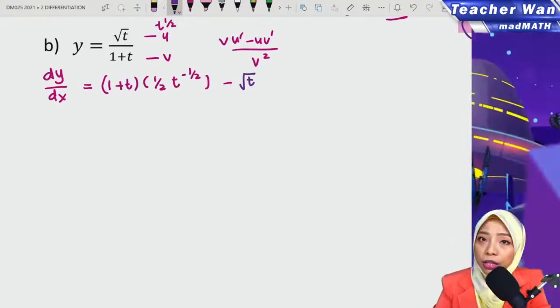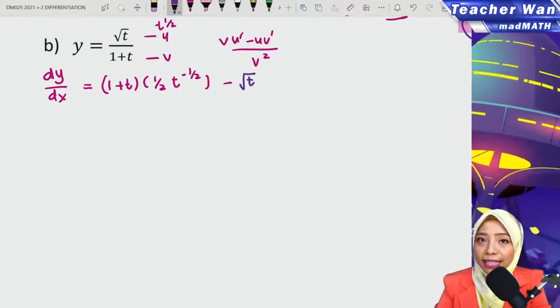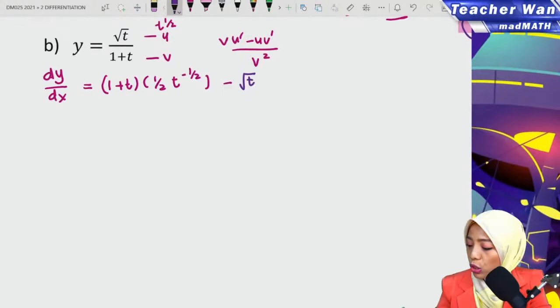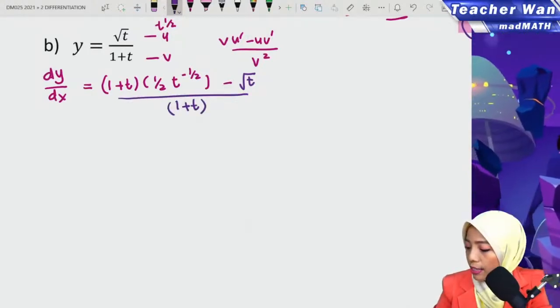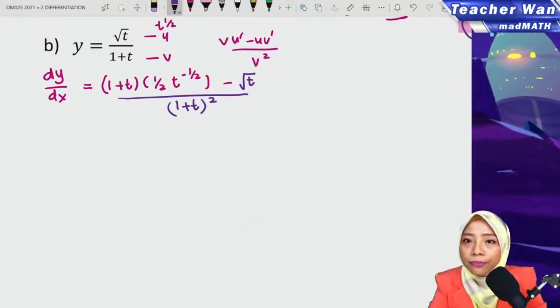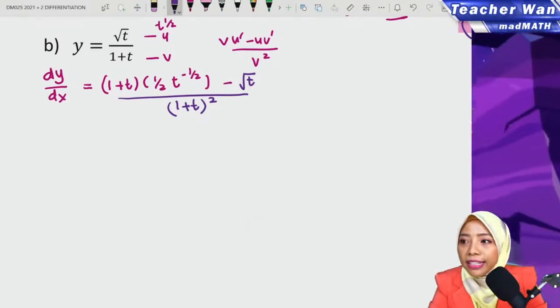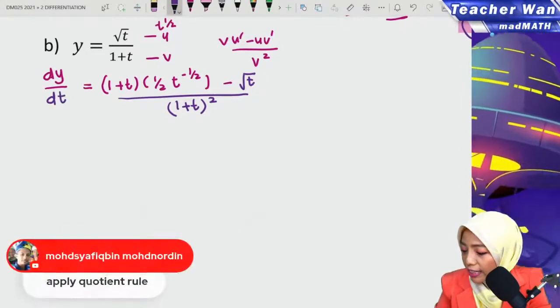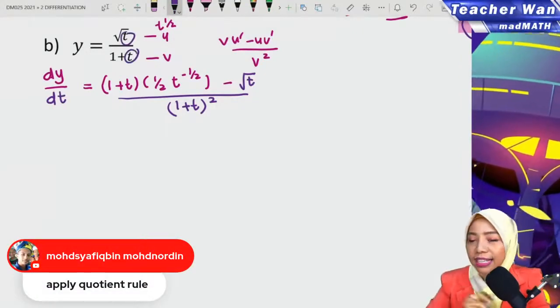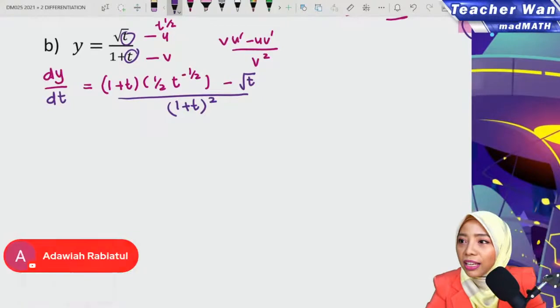What is our v prime? So 1 plus t, we only differentiate the t, which is equivalent to 1 over with 1 plus t squared. Dy dt, because we have the function t this time.